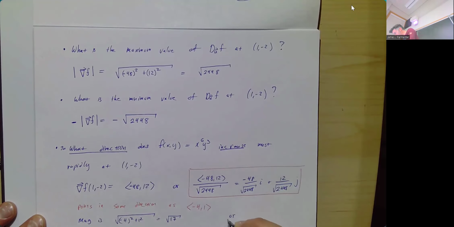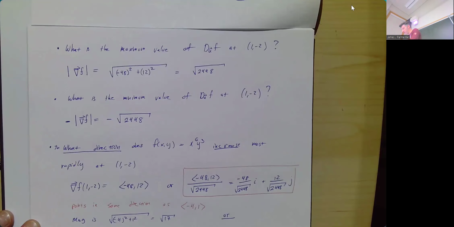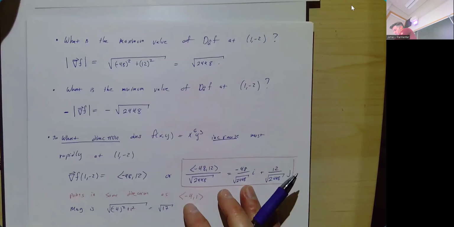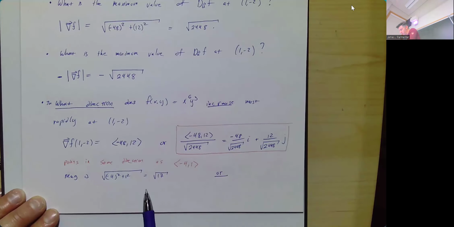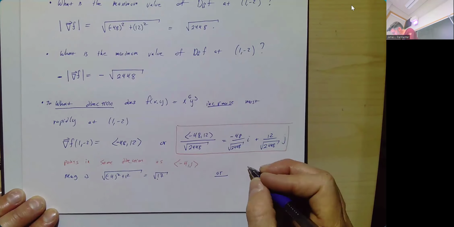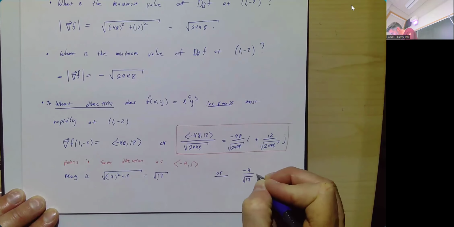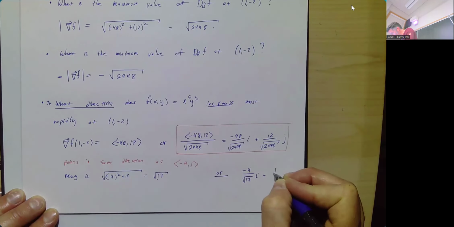So another equally good answer would be this vector divided by its magnitude. You get -4 over the square root of 17 i plus 1 over the square root of 17 j.